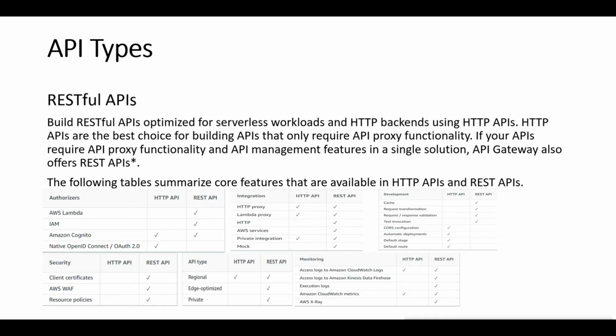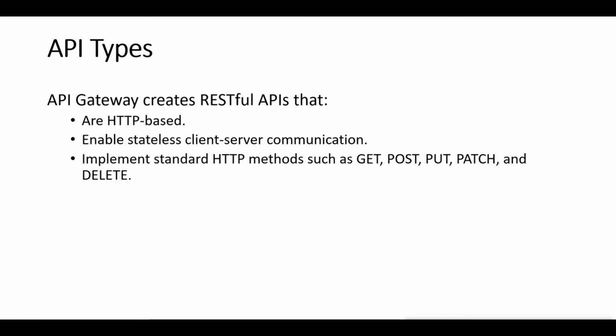HTTP APIs support OIDC and OAuth 2.0 authorization and come with built-in support for CORS, and what is CORS? Cross origin resource sharing, and automated deployments. Previous generation REST APIs currently offer more features and full control over API requests and responses.